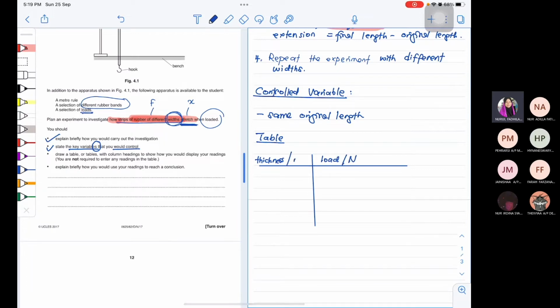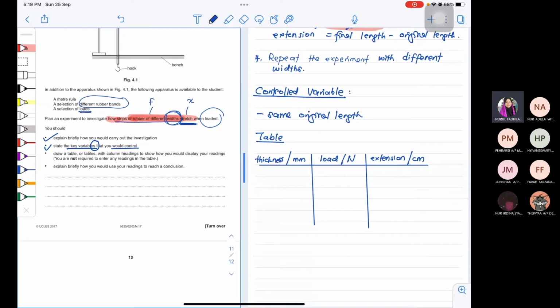Thickness, maybe in millimeters or centimeters. And then what else do we measure? Extension. The unit must be there, cm. So you don't have to write anything in the table, but here, with column headings to show how you will display your readings.